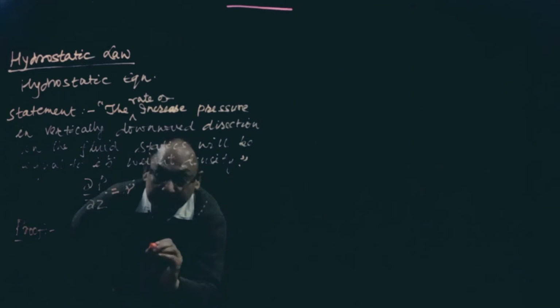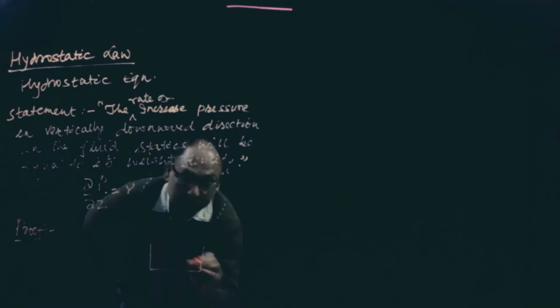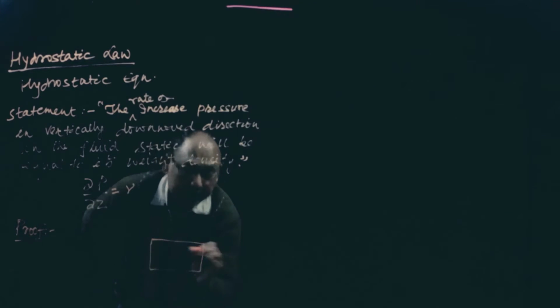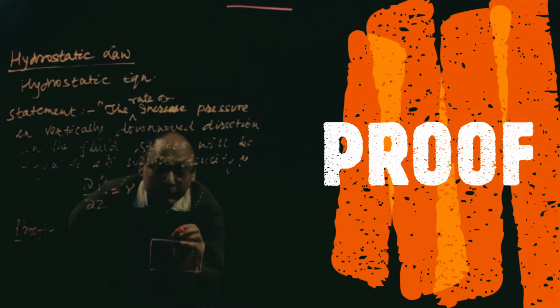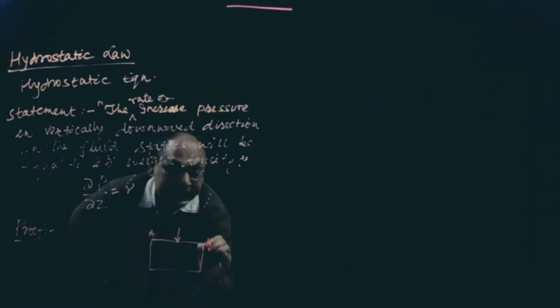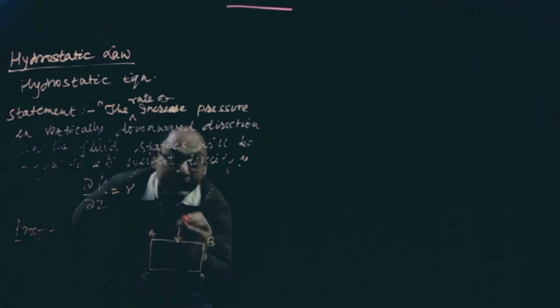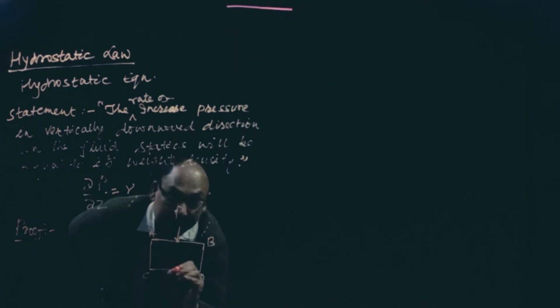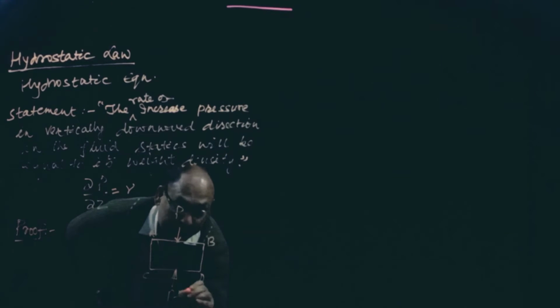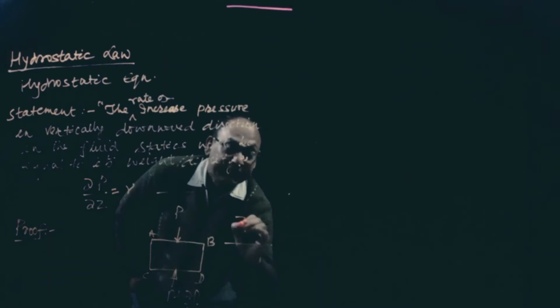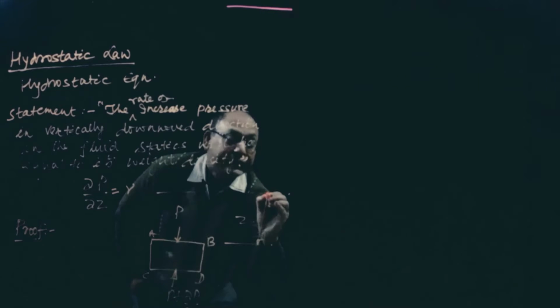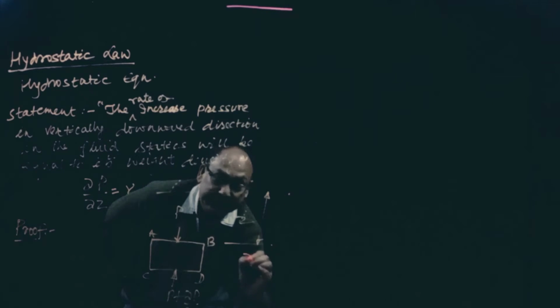Now consider an elemental area like this, with faces A, B, C, D. Acting pressure here is P, and here it will be P plus dP by dz into delta z. Remember, this is in the z direction, z height, that is potential energy, and that is dz.